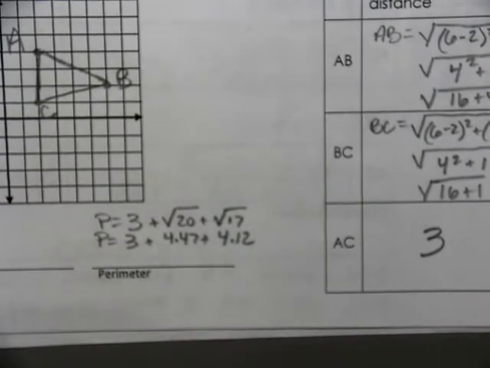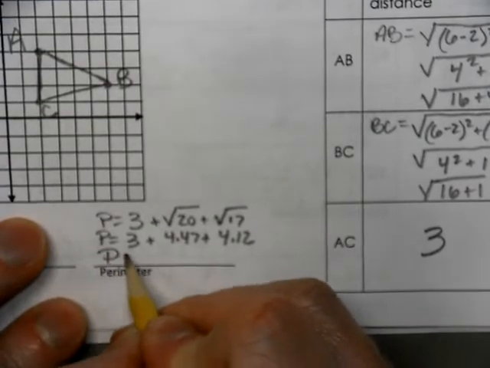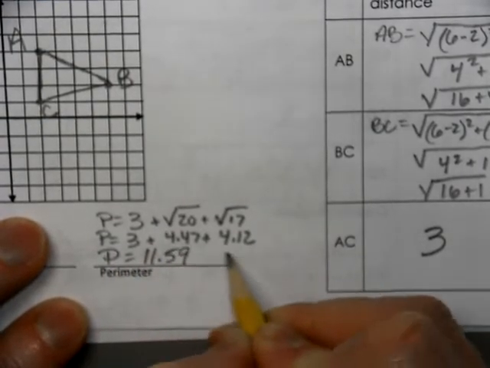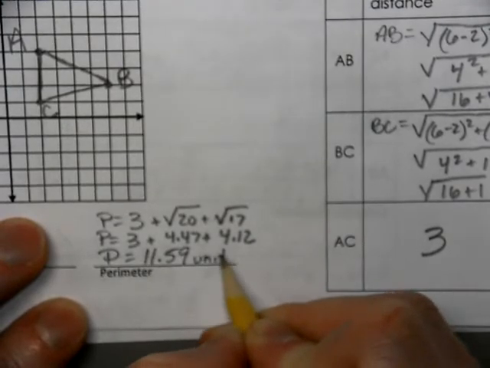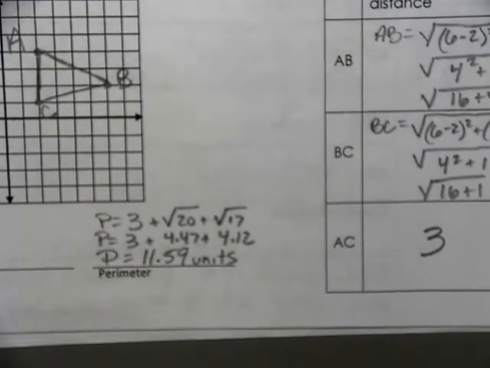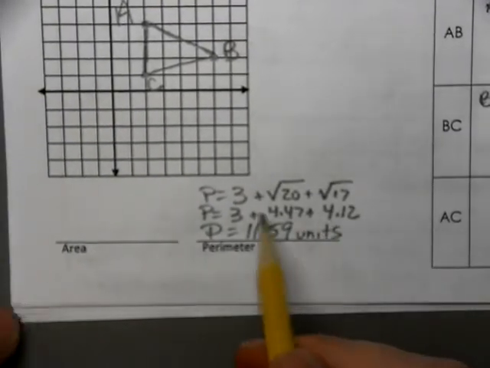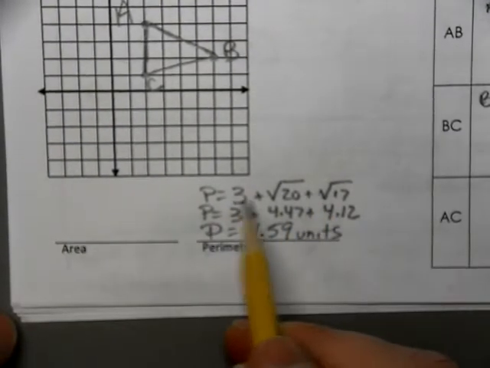That was using our calculator. So the perimeter is going to be 11.59 units. Otherwise, this would be the best that you could do.